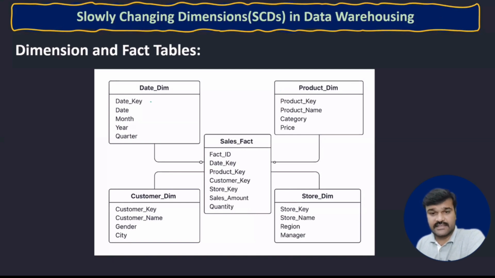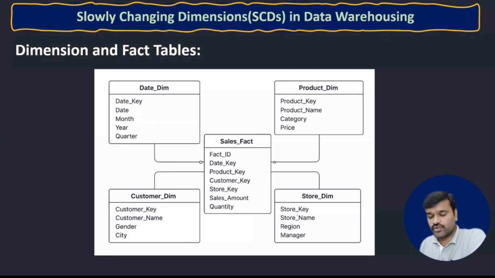Date wise, every day this business happens, and regularly people come and buy the products. So these are the different tables. Which tables can you take as a dimension, and which as a fact? That is the matter here.